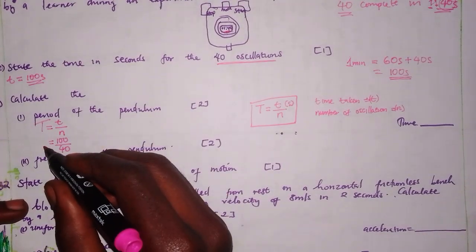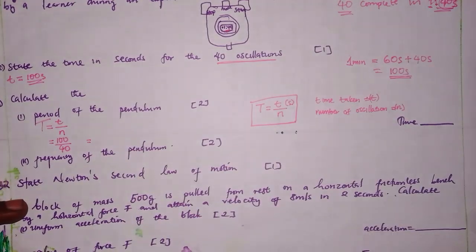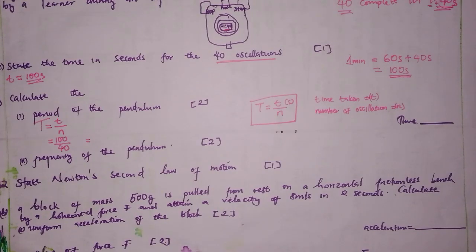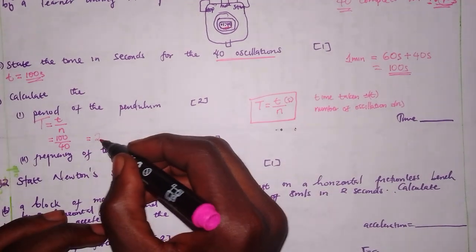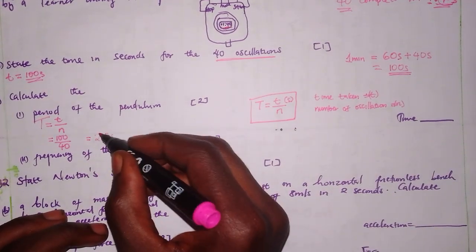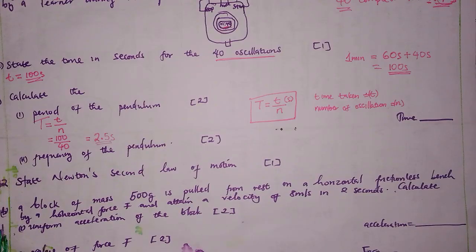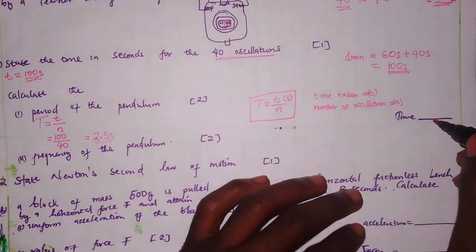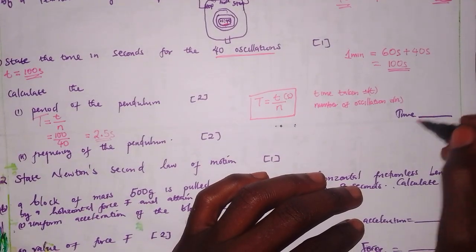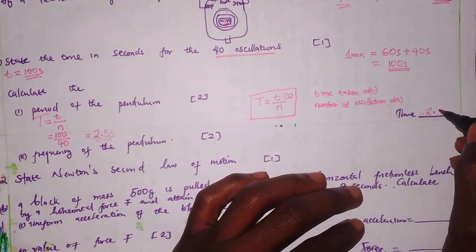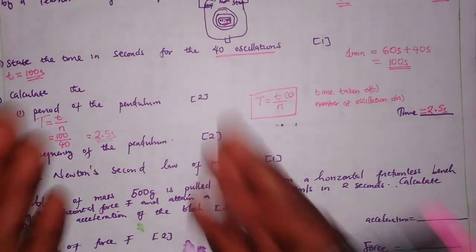So if we divide 100 by 40, you find your answer to be 2.5 seconds. And remember, period is measured in seconds. So always they will give you at the end where there is time. So that's where you are supposed to put your answer. So when they say time, you say 2.5 seconds.